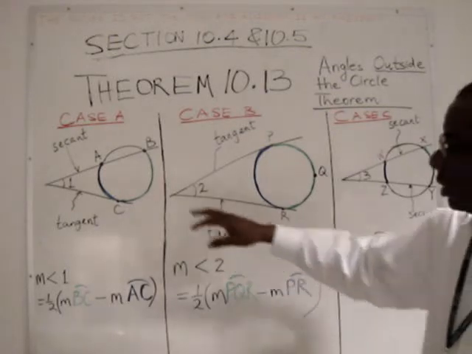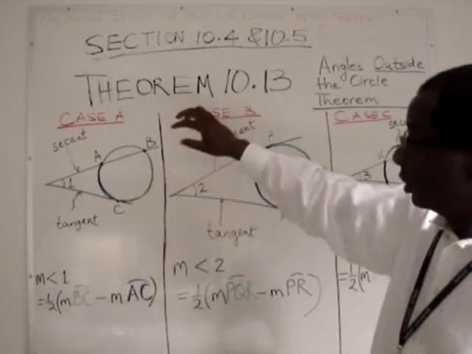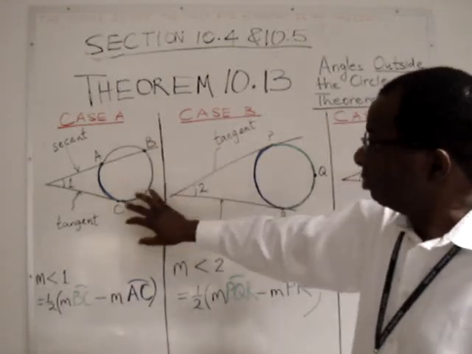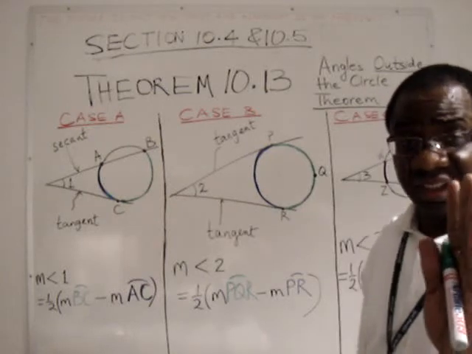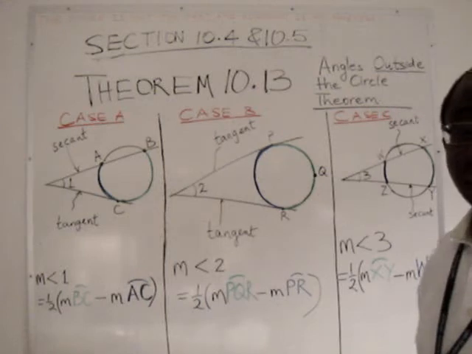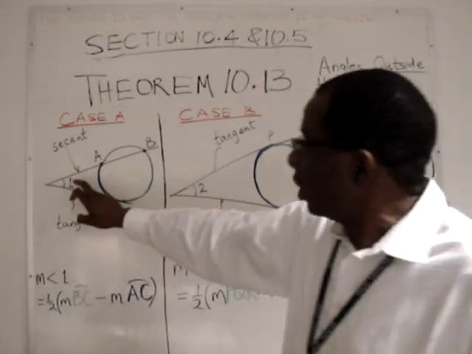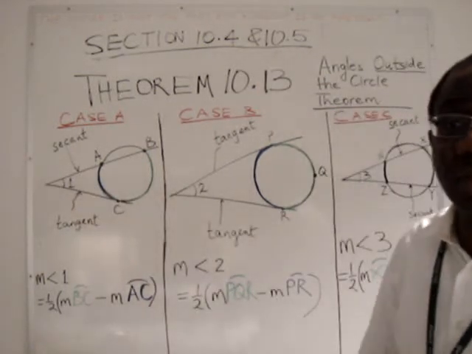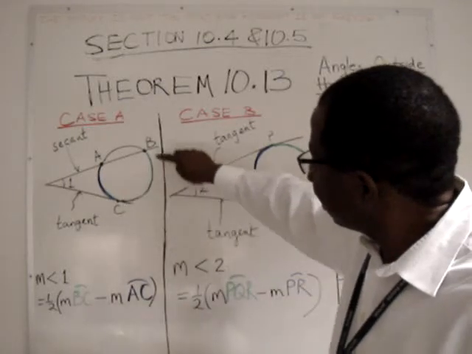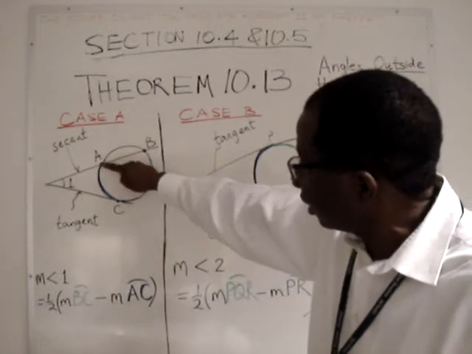You're going to look for the two arcs that are intercepted by the angle you're talking about. So angle 1 intercepts what two arcs? This arc and this arc.